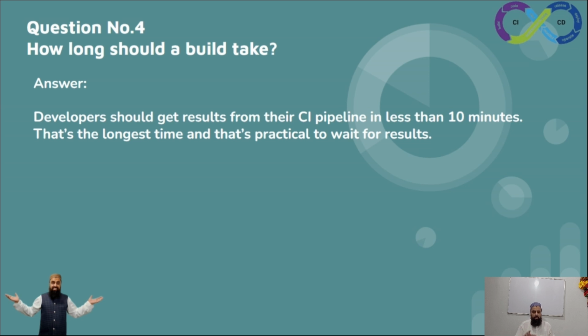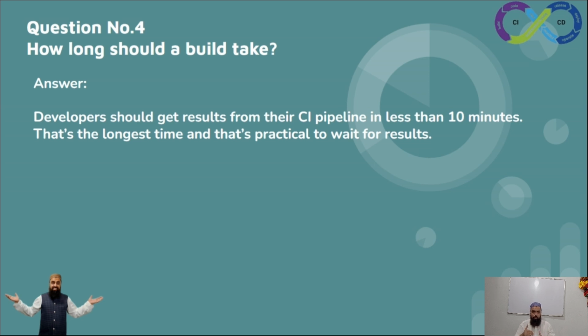I remember there was a pipeline with a Maven project and a lot of modules in Java, and that pipeline was taking 50 minutes to build for the first time.